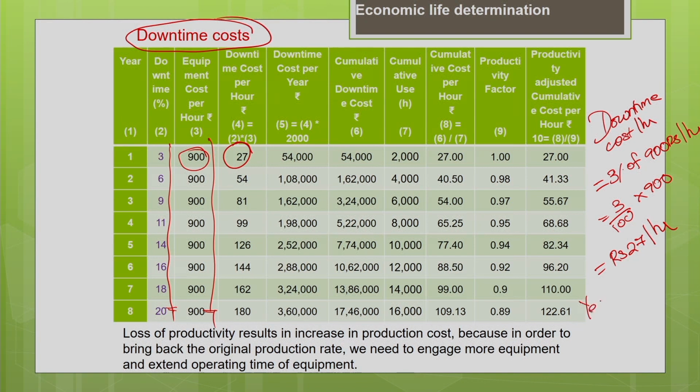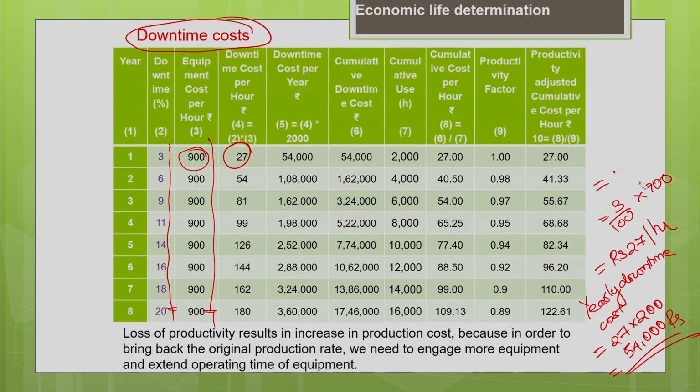So, what is your yearly downtime cost? Yearly downtime cost for the first year is 27 multiplied by 2000, gives you 54,000 rupees. This is your per year in the sense for the first year. 54,000 rupees for the first year is your downtime cost.